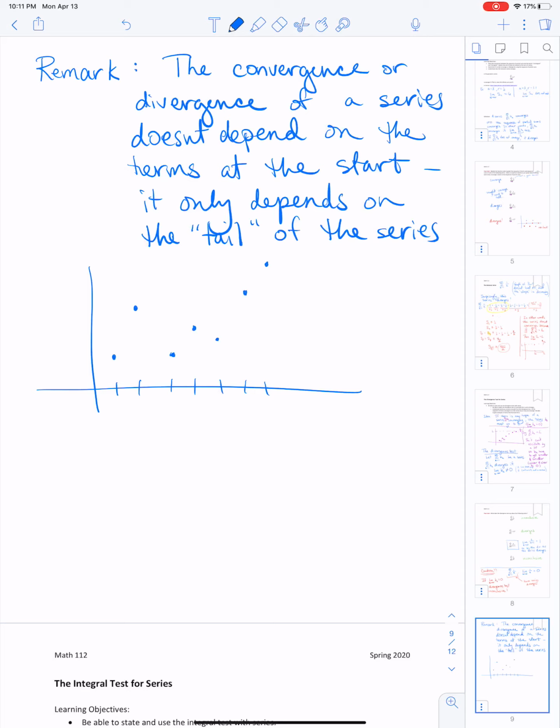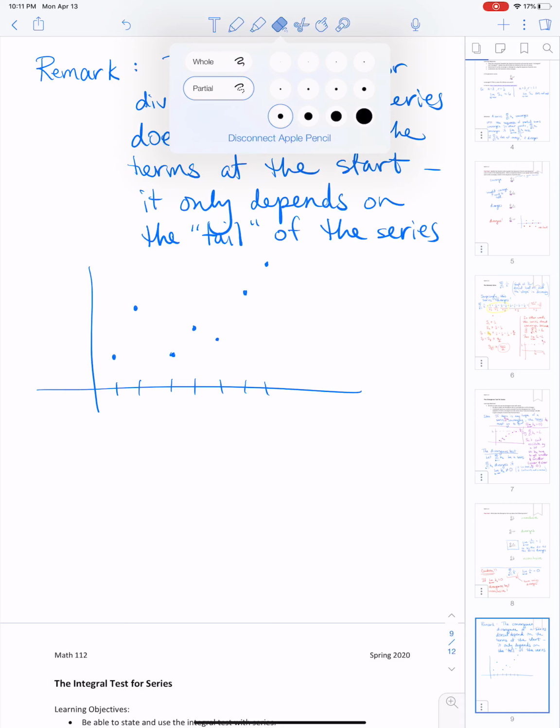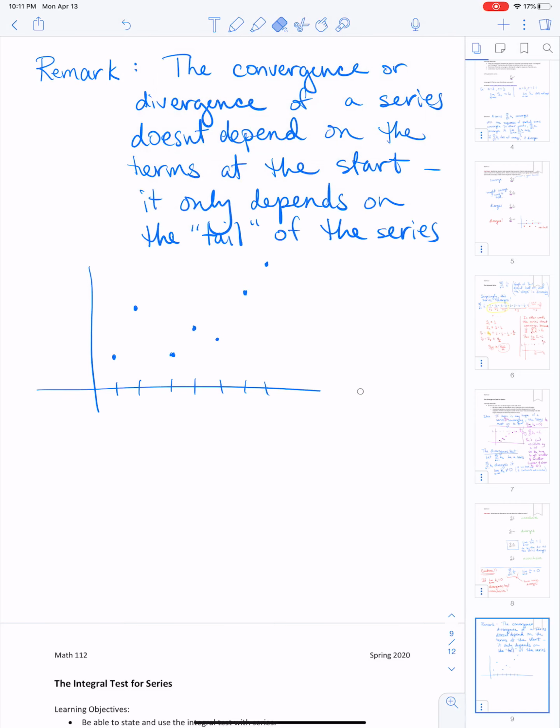They can act in a very crazy way initially, but all we need is that eventually, very far out, we need the terms to settle down and approach zero. So we don't care. All kinds of weird stuff can happen out here.